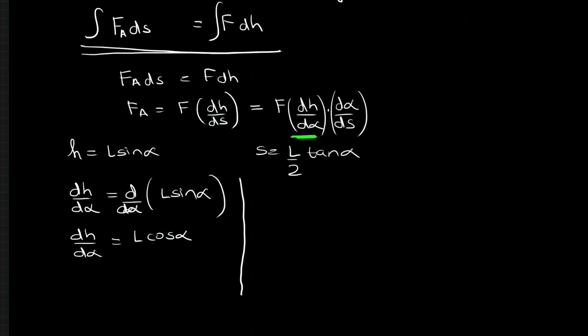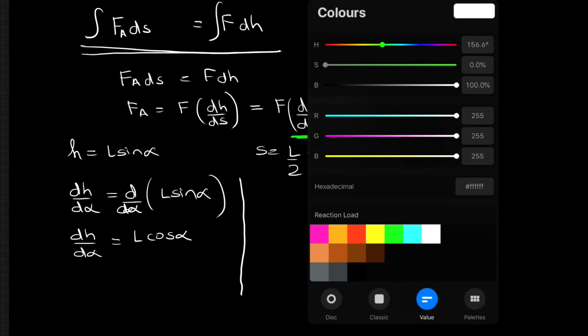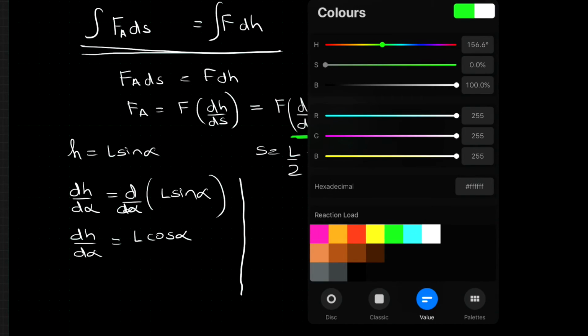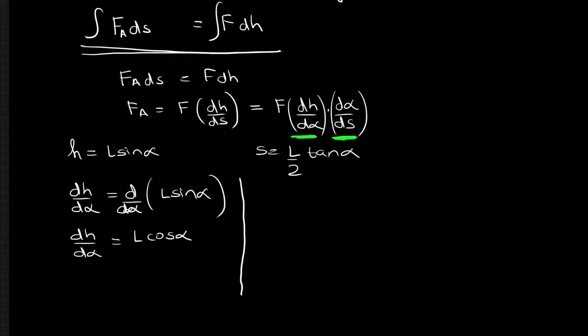Okay, so we can do a similar thing to work out our other derivative that we need, and that's d alpha by ds. We've got an equation for s, so we can work out ds by d alpha.